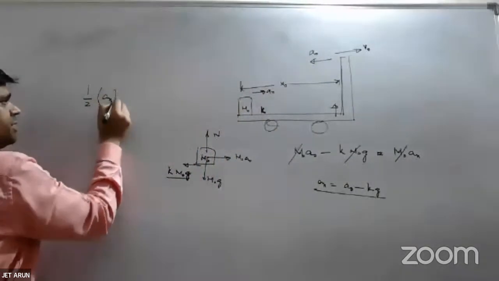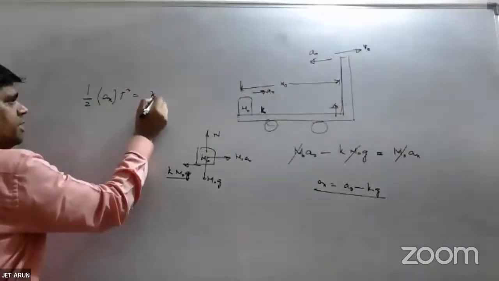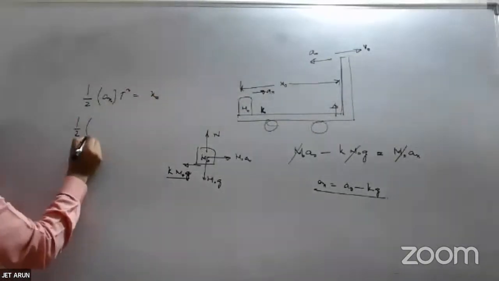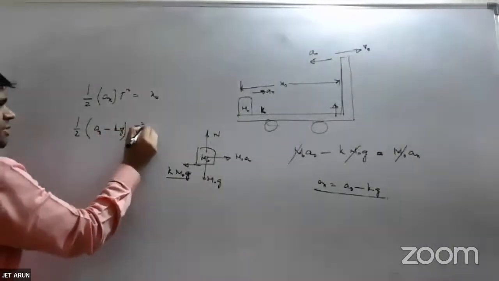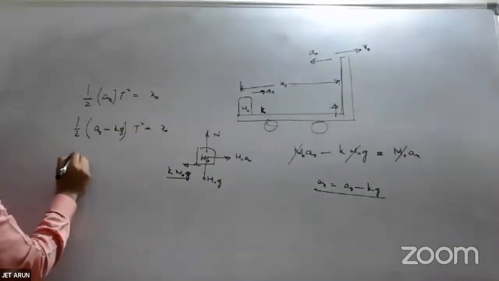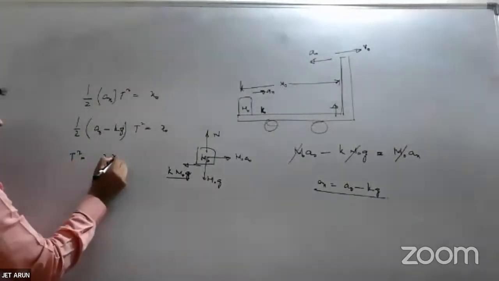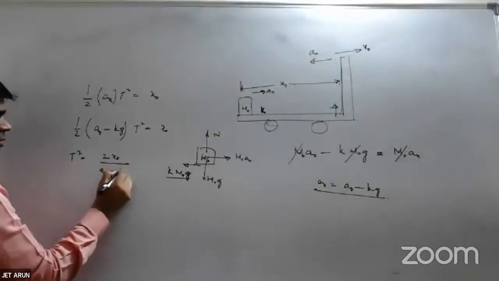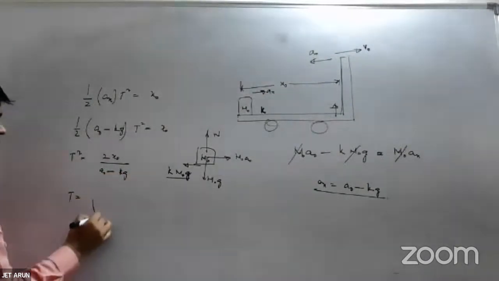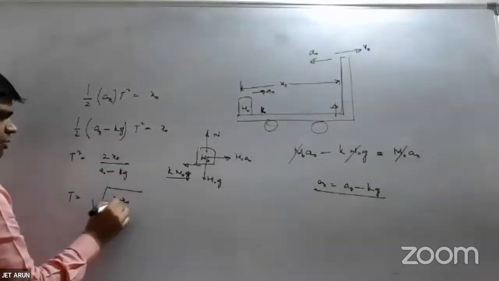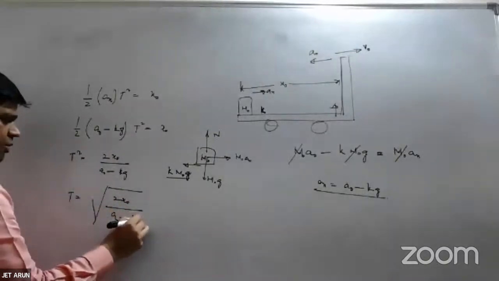Half ax t square is equal to x naught. So half times a naught minus mu g, times t square, is equal to x naught. So t square is equal to 2 x naught by a naught minus mu g. So t is equal to root of 2 x naught by a naught minus mu g.